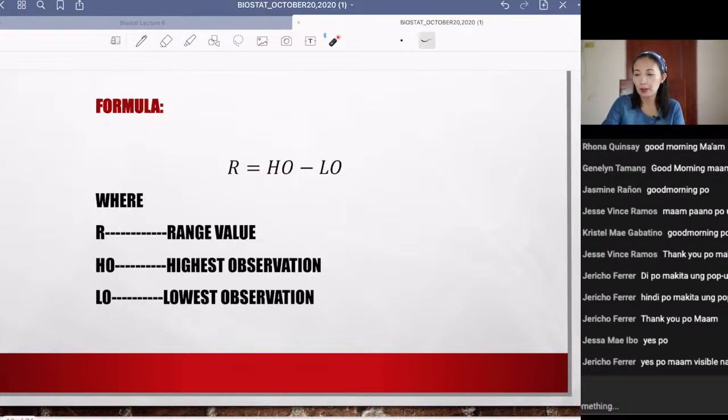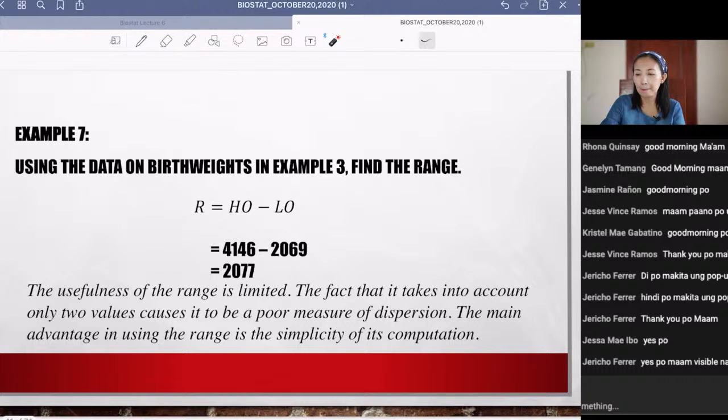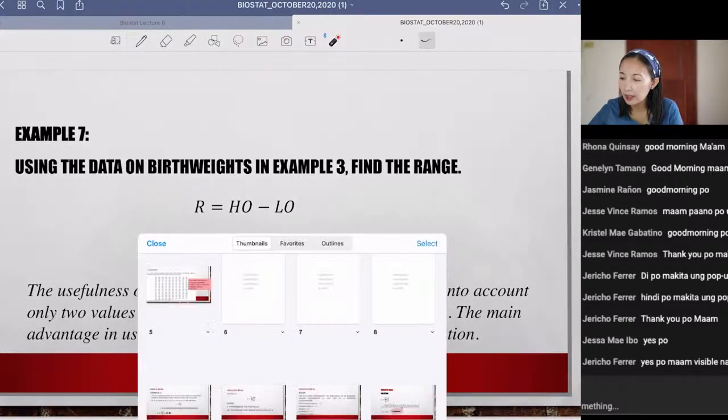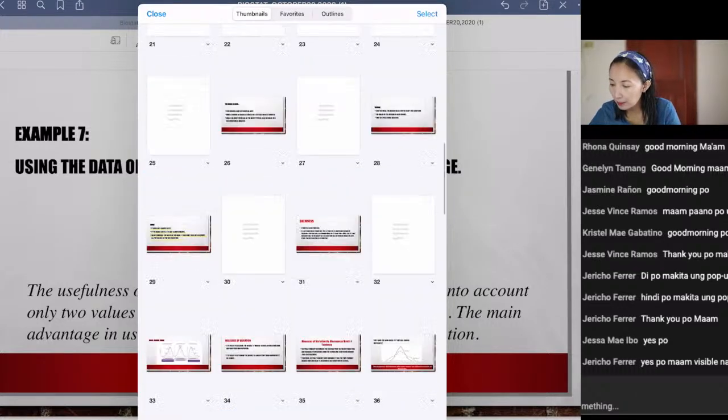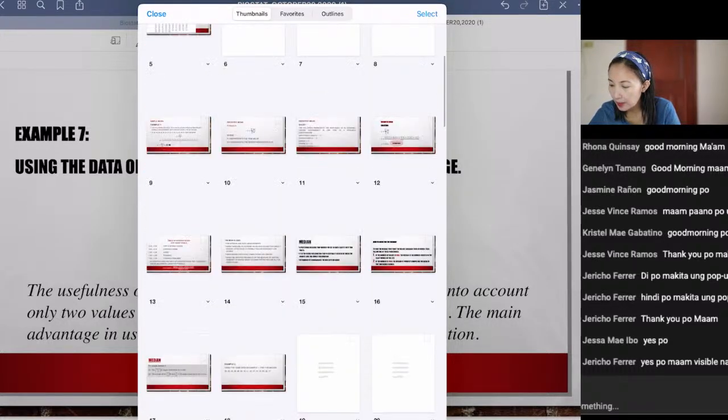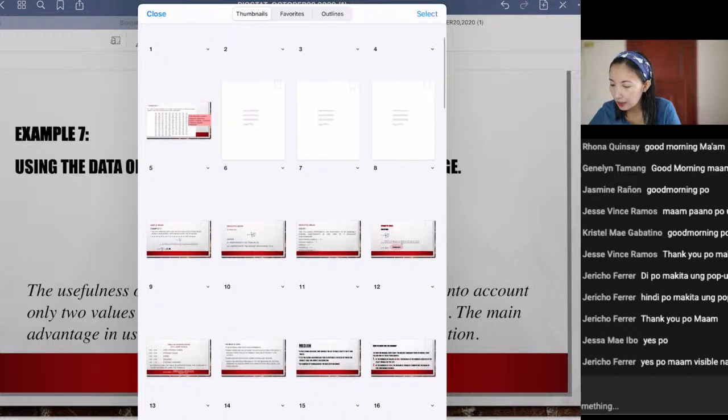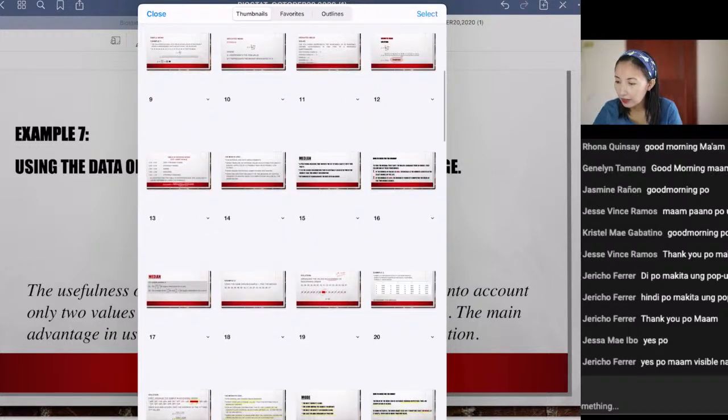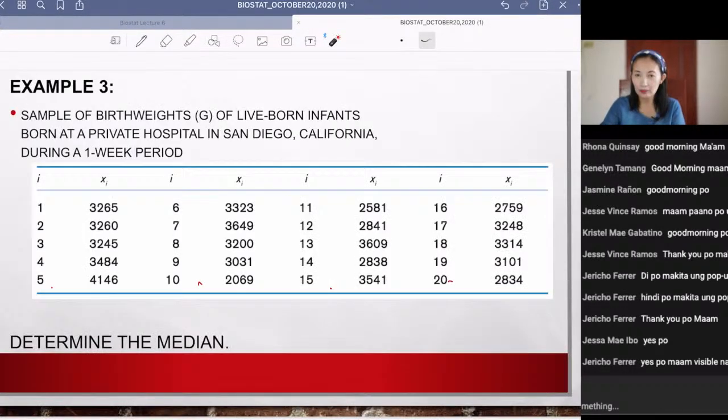Okay? So for example, using the data on birth weights in example number 3, if you could remember, there are 20 observations in that data set. Find the range. Example number 3, let's find it. In example number 3, we used it for the median. Here it is.